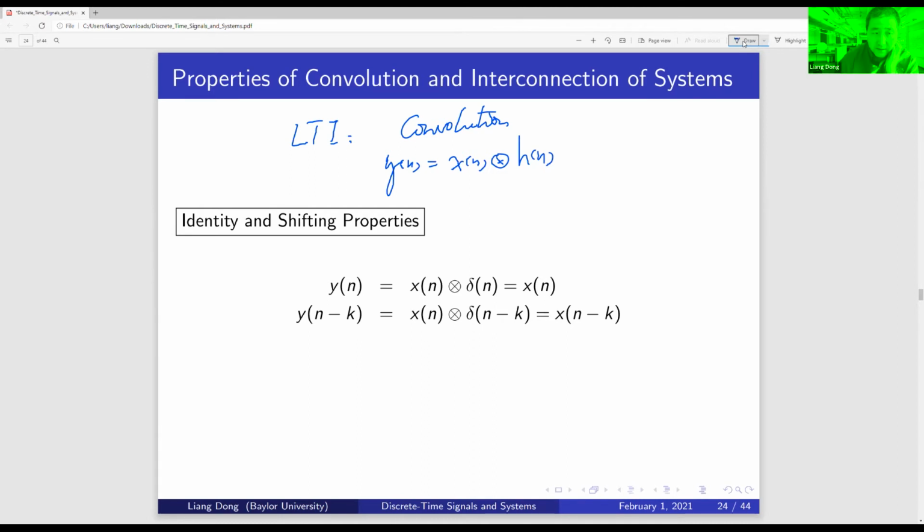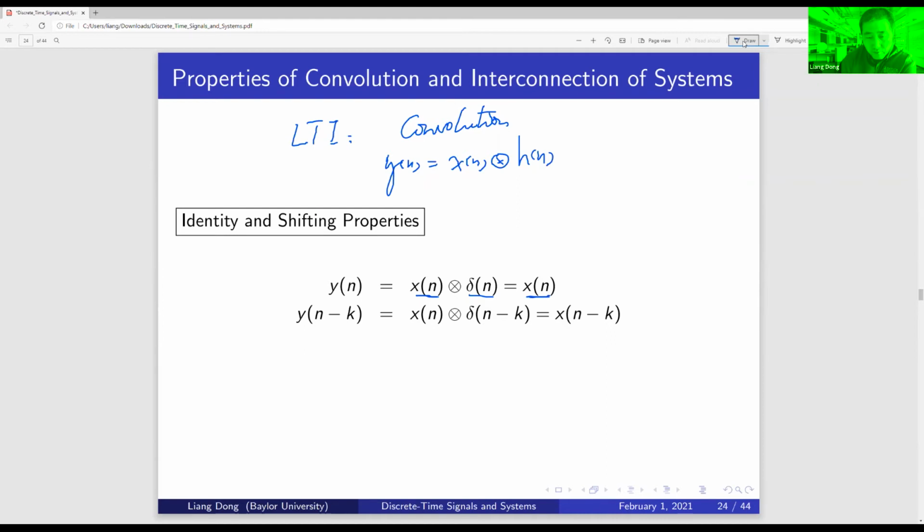So let's look at some properties of this system that is represented by convolution. Identity and shifting properties. The identity property of convolution is that if I have a signal xn convolved with the delta function, delta n, then the output is xn.